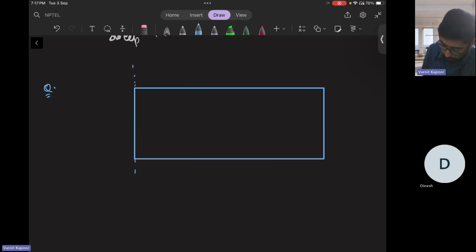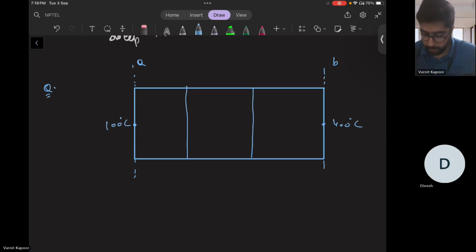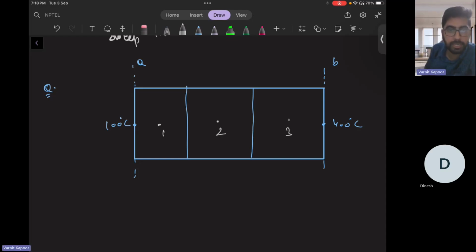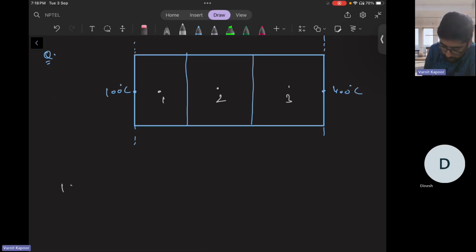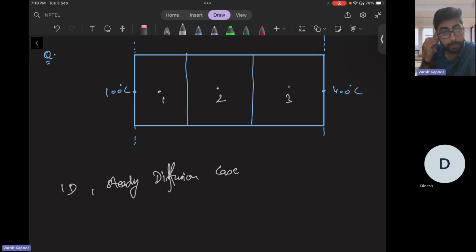Let me again write A, the boundary node B. This boundary is maintained at 100 degrees Celsius and this is maintained at 400 degrees Celsius. These are the nodes 1, 2. This is a 1D steady diffusion case.